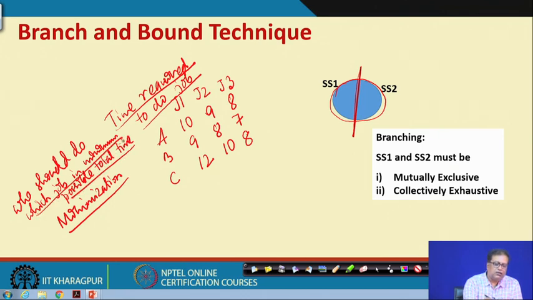This is what we want: who should do which job in minimum possible total time. So, it is a minimization problem, and we find the lower bounds, LB.